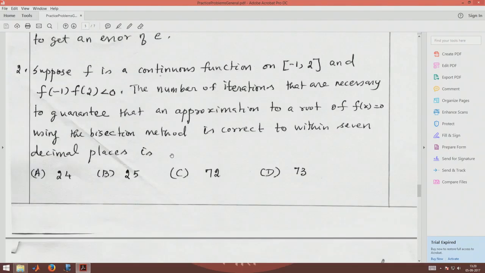Then, suppose f is a continuous function on the interval minus 1 to 2, and f of minus 1 into f of 2 is less than 0. What does it mean? A root lies in minus 1 to 2. The number of iterations necessary to guarantee that an approximation to a root of f of x equal to 0 using the bisection method is correct to within 7 decimal places is what?